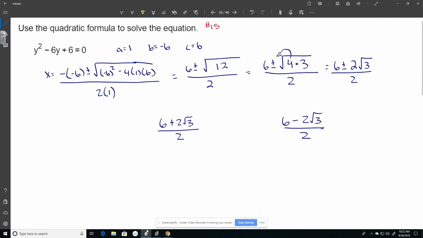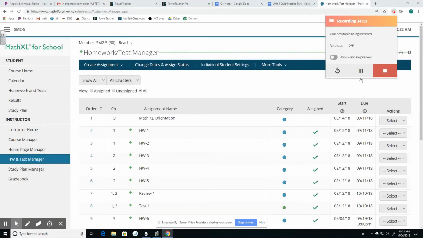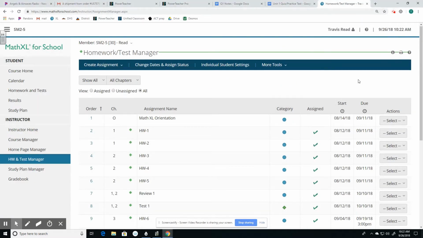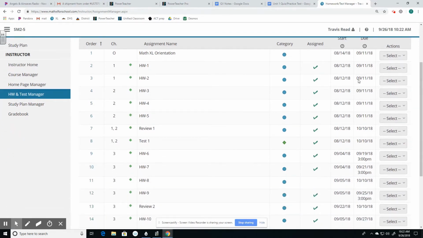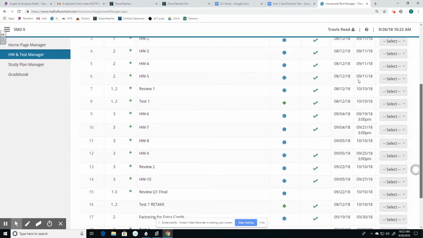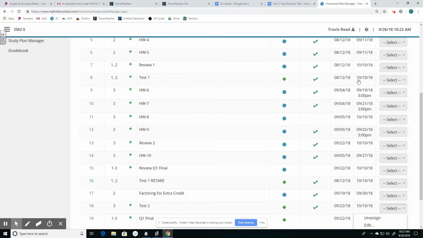I can't add these two together very well. I'm not going to, well, I can. I'm just going to get an ugly decimal. So I'm going to get two answers. I'm going to get a decimal, and I'm going to get an answer with a radical in it, because if the problem says it wants it in radical form, and maybe we should check really quick. Let's go down here to test number 2.